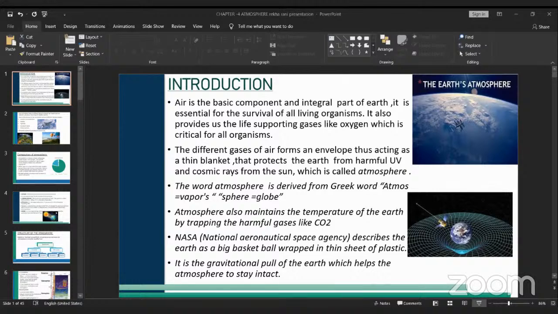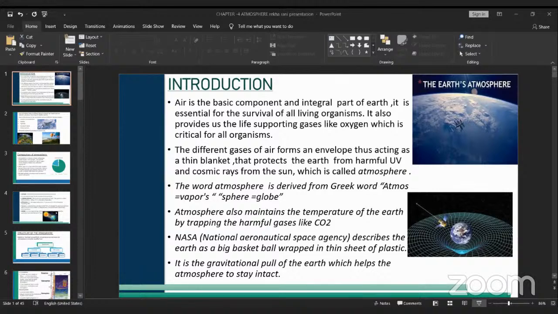This southern hemisphere is free of land. That's why the westerlies blow much faster than the northern westerlies, because it is a vast ocean area.